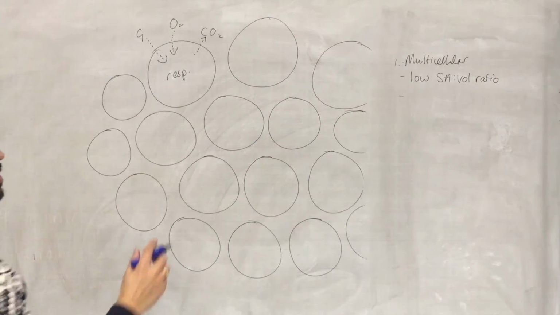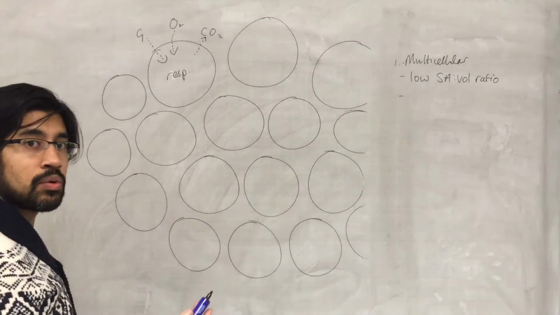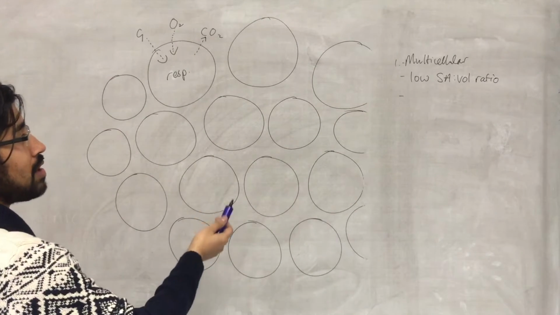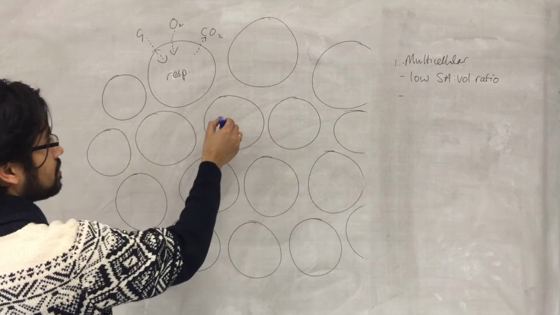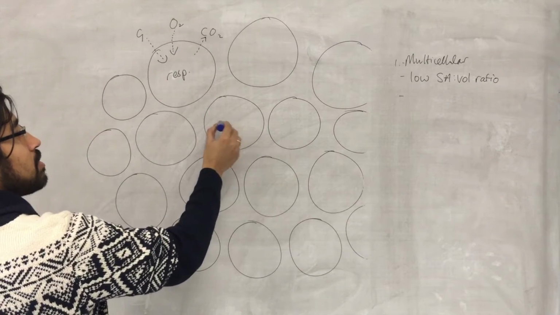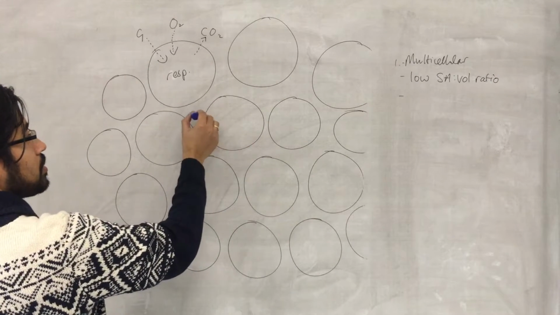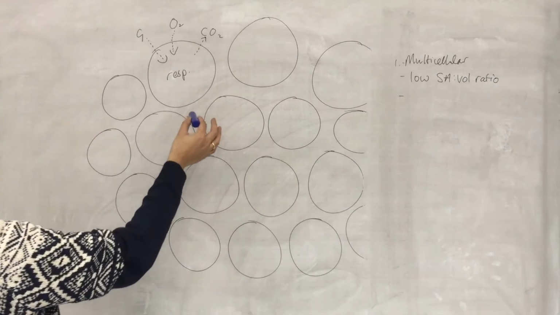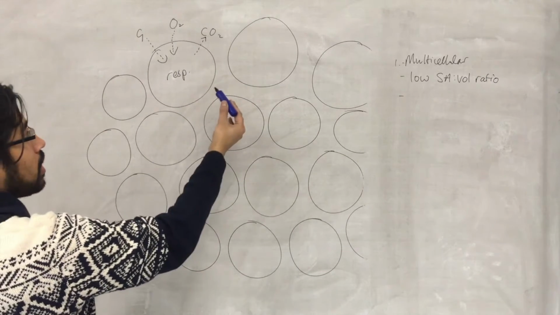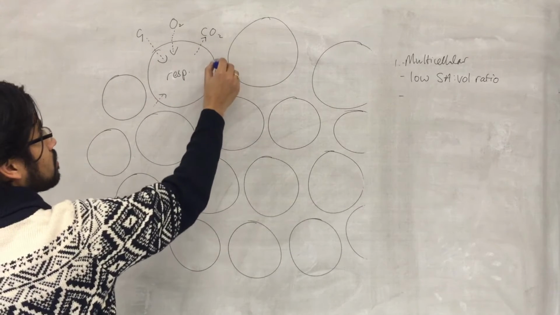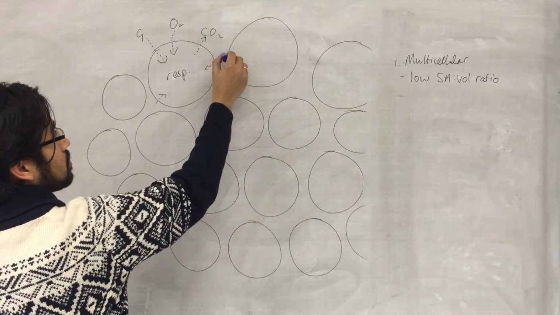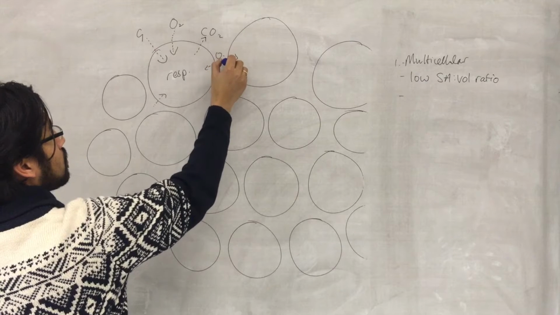However, cells in the interior of the organism might not be able to carry out this process as effectively. For example, this cell right here requires oxygen, but the concentration of oxygen here is not going to be very high, because oxygen is being used up by the cells near the surface of the organism.